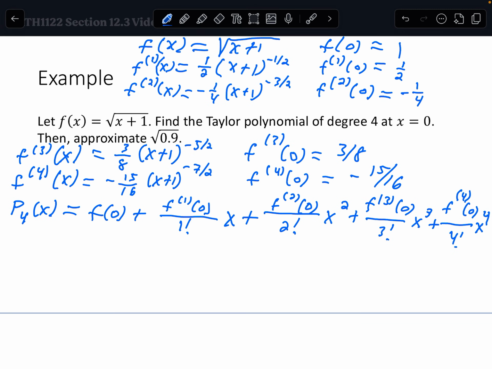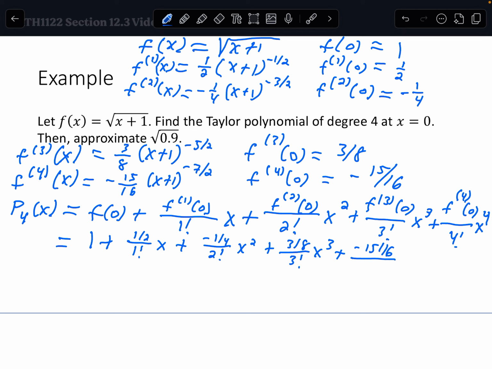So, putting all this in, this is 1 plus 1/2 over 1 factorial times x plus negative 1/4 divided by 2 factorial times x squared plus 3/8 divided by 3 factorial times x cubed plus negative 15/16 divided by 4 factorial times x to the 4th.